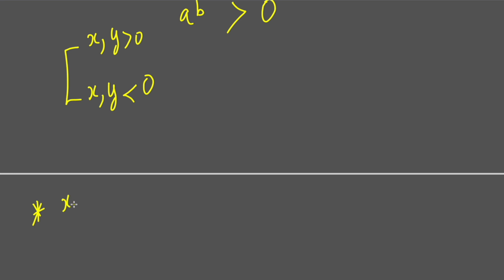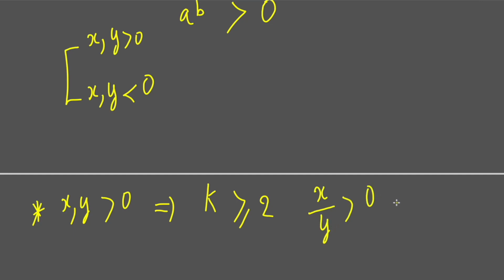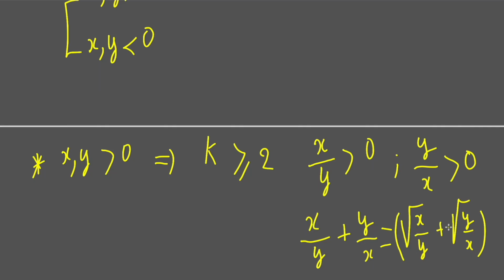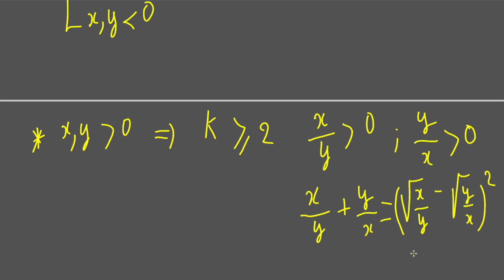If x and y are positive numbers, then k is always greater than or equal to 2, because x over y is greater than 0 and y over x is greater than 0. And x over y plus y over x equals the square of (square root of x over y minus square root of y over x), plus 2.